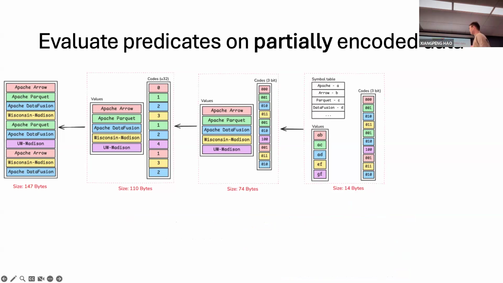So this is called cascaded encoding and then cascaded decoding. In the decoding path, we will experience all three stages of the decoding. And the observation is that some predicates, for example this one, finding strings that contain DataFusion, don't have to be evaluated all the way to the original form. Actually, at some intermediate stage of the cascaded decoding, we can already evaluate the predicates.